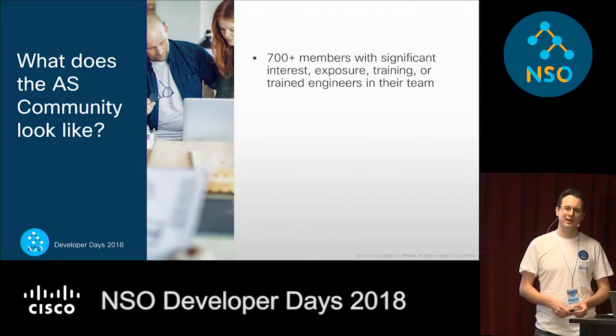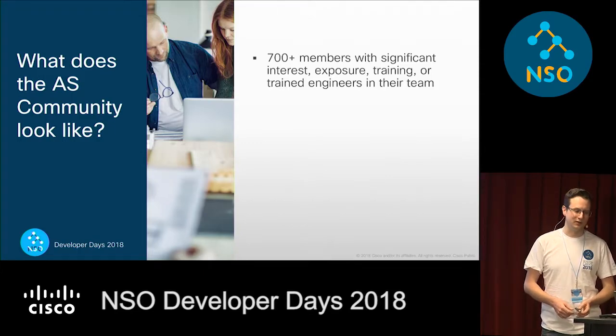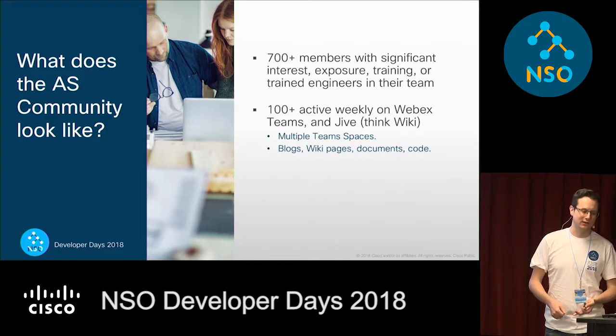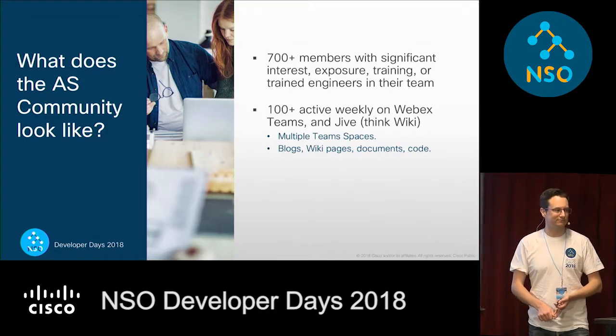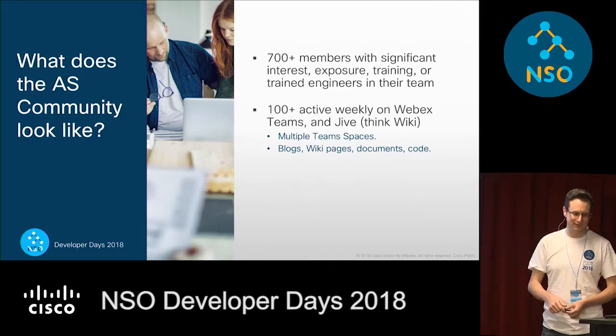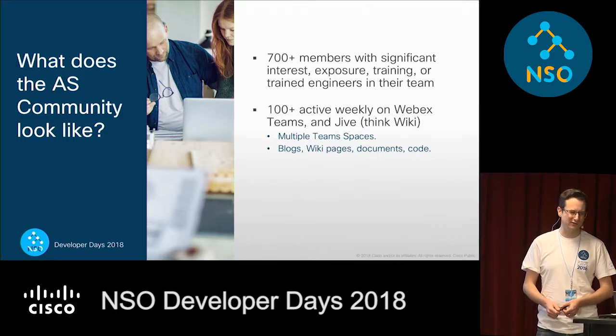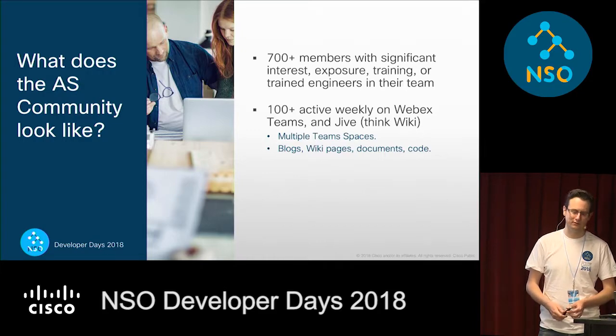About 100 of them are active weekly on our WebEx team space or on Jive. That's easy to track. I can look at charts. I can look and see people online. It's about 100 to 120 every week active.